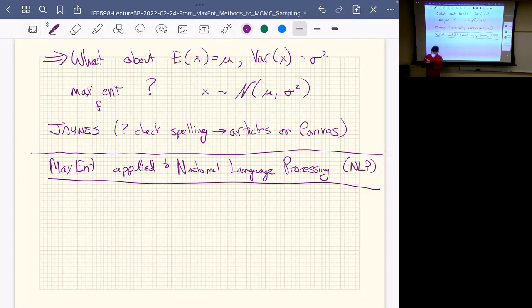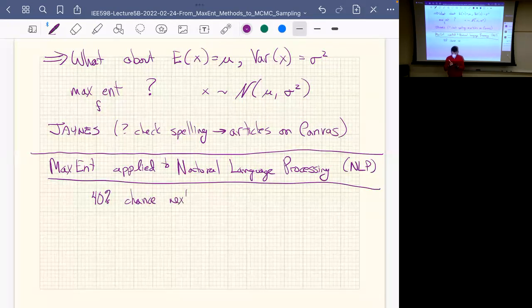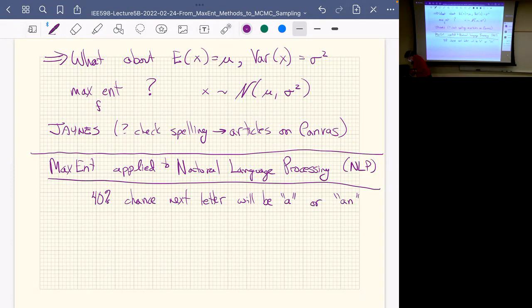Imagine that after someone types a word, you have a 40% chance that the next word will be "a" or "an". I don't know which one it's going to be because I don't know what word comes after it.